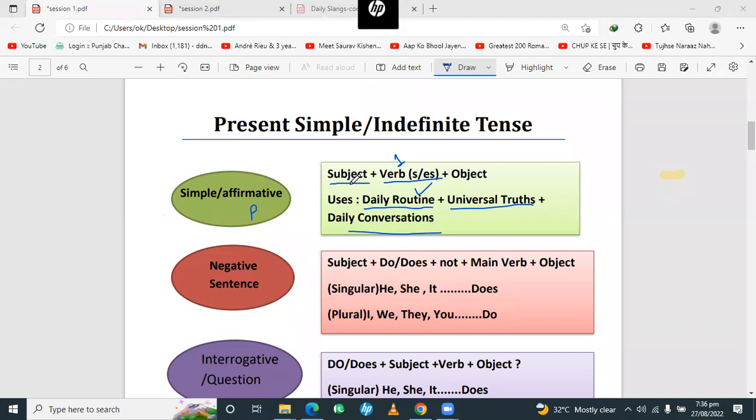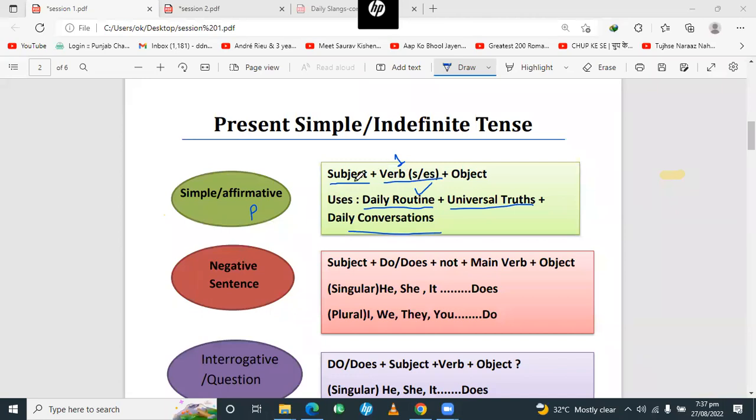Now see here, present simple or indefinite tense. Simple or affirmative category. In whole present tense, first form is used, except perfect category. In present simple, positive or affirmative category, first comes subject, then comes the main verb, along with the use of s or es.